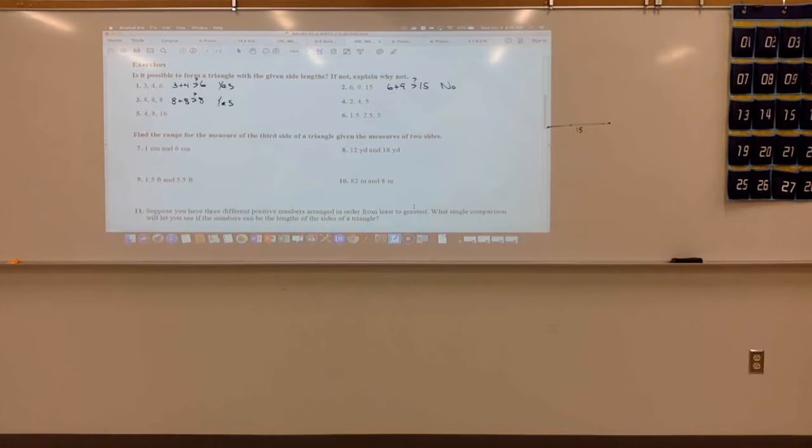It's just saying you have a list of 3 numbers, like A, B, and C, and they're in order from least to greatest. So what one inequality can you write that will determine whether the numbers can form a triangle? An inequality, like a greater than or less than thing.